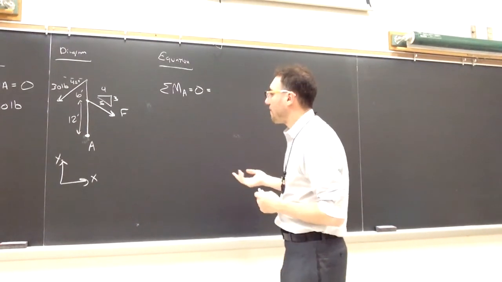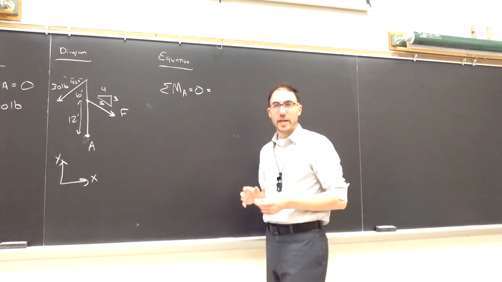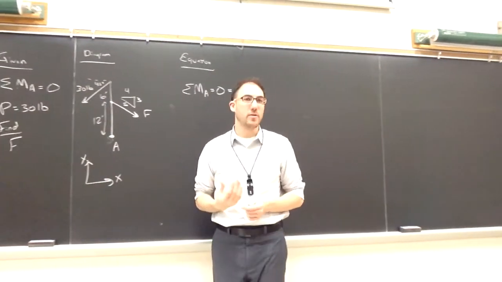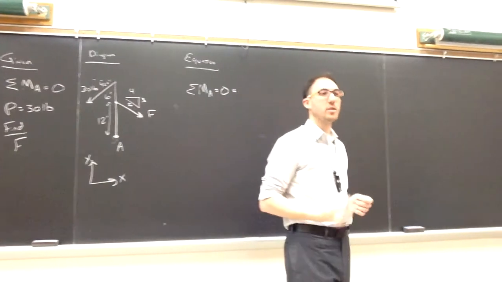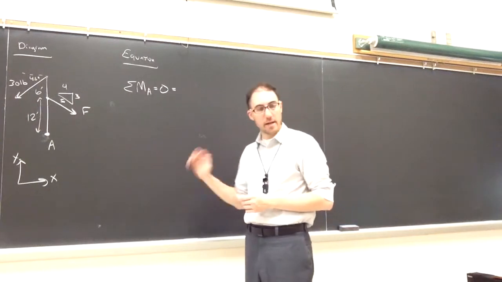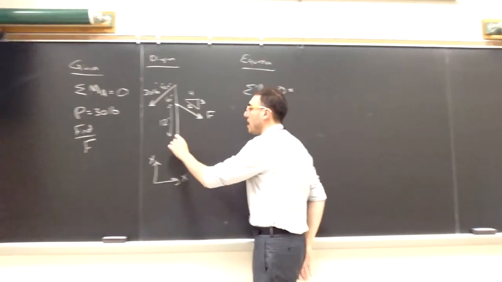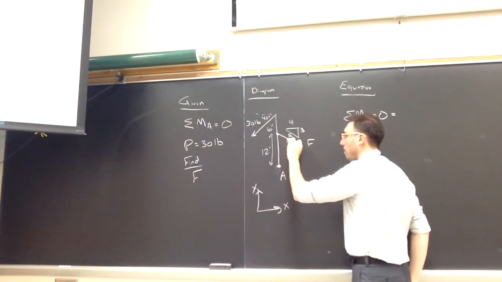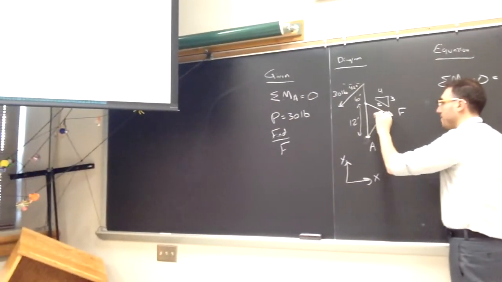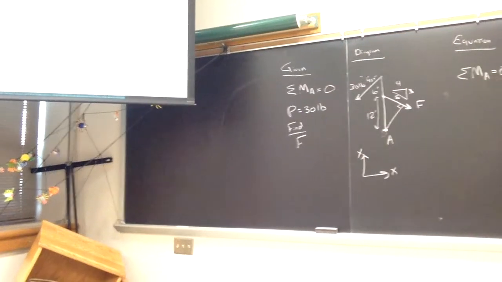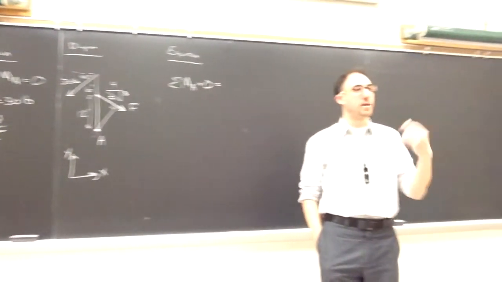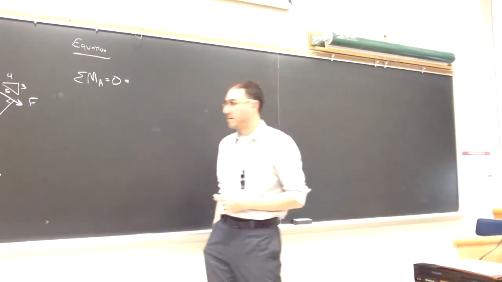By the definition we are going to use for 2D, a force times its perpendicular distance away from a point is going to be the moment that it imparts on that point. So for example, for F, if we knew this distance to go perpendicular from F to A, then we could just multiply that by F, and that would be the moment that F causes around point A.